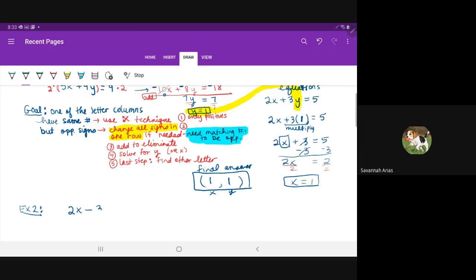Okay, so 2x minus 3y equals -2 and -7x plus, I can't read this girl's writing. I think up to 5. Yeah, I think 5y equals -15.